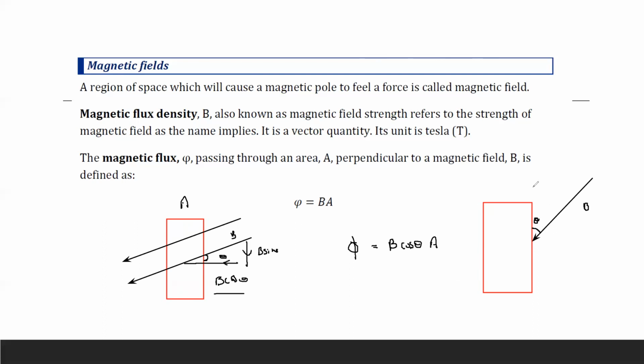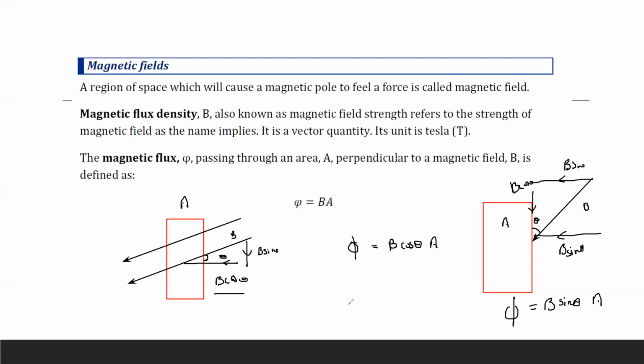So this one is B, the one which is with an angle, b cos theta, and against the angle will be b sin theta. So in this case, the perpendicular component is b sin theta. So when we calculate the flux, flux will be equal to b sin theta into A. So it depends on what angle is given, angle with the x-axis or angle with the y-axis.